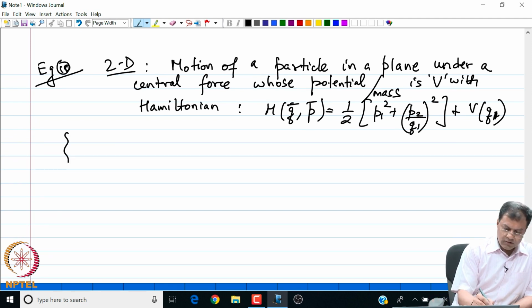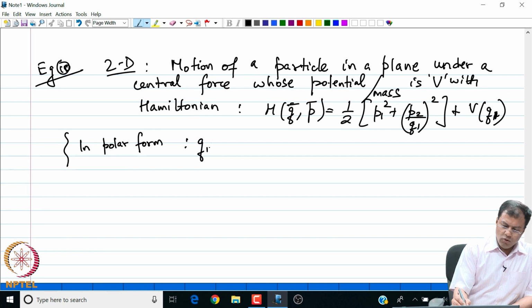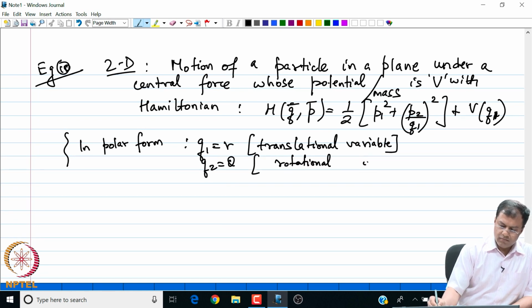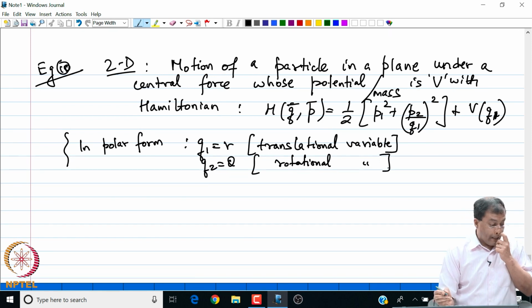So, just a trivia, in polar form my coordinate q1 is r, which is the translational variable, and my coordinate q2, which is theta, is the rotational variable, right. Okay. So, let us move ahead.